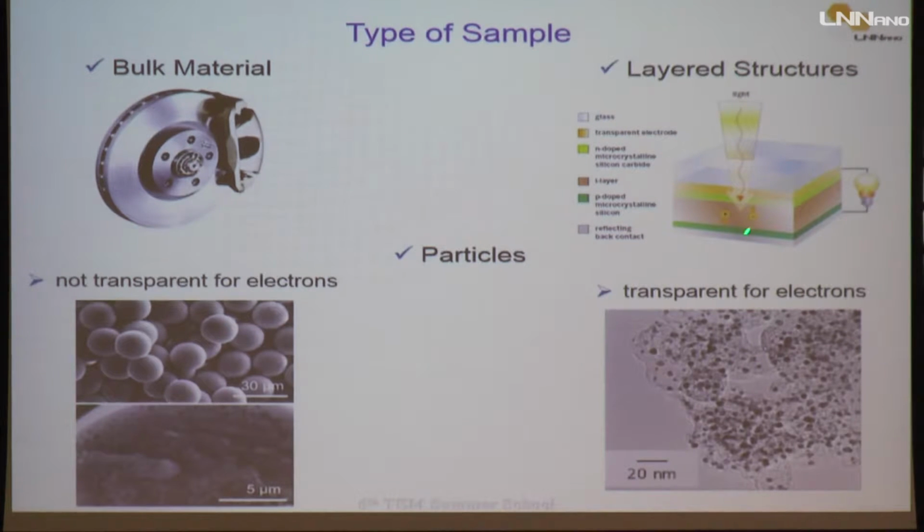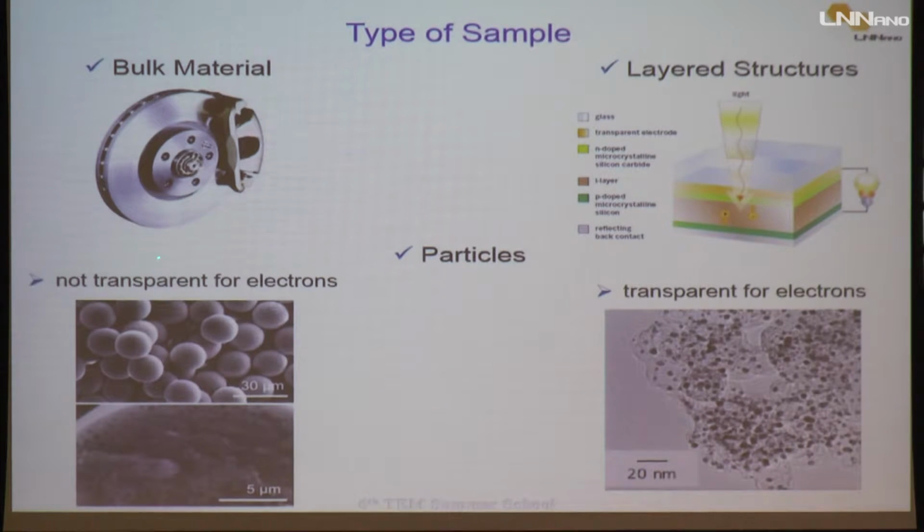We also have layered structures, such as semiconductors. We have many examples of layered structures. Semiconductor here for a solar cell. You may have non-transparent particles for electrons.